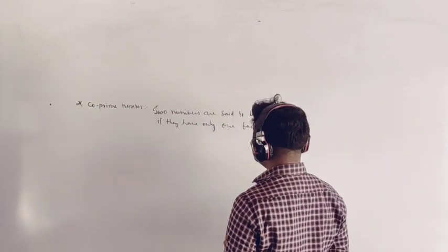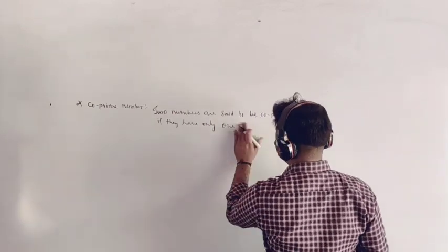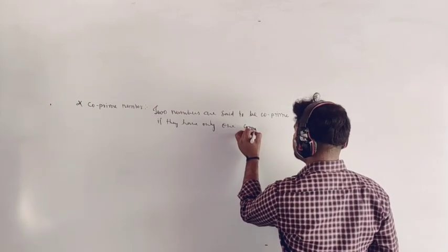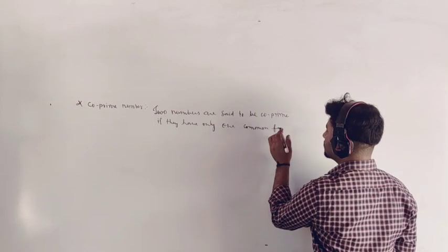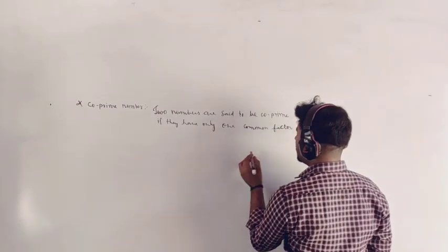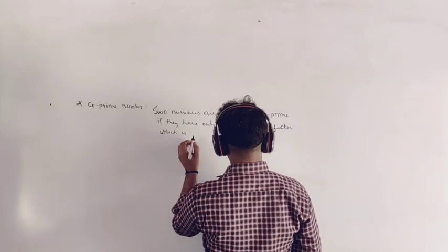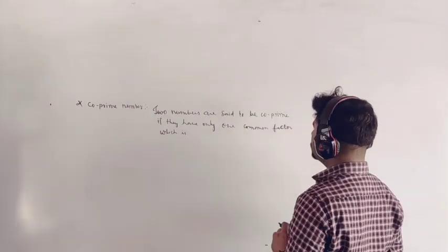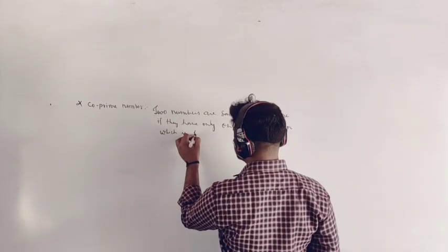Two numbers are said to be coprime if they have only one common factor, which is 1.